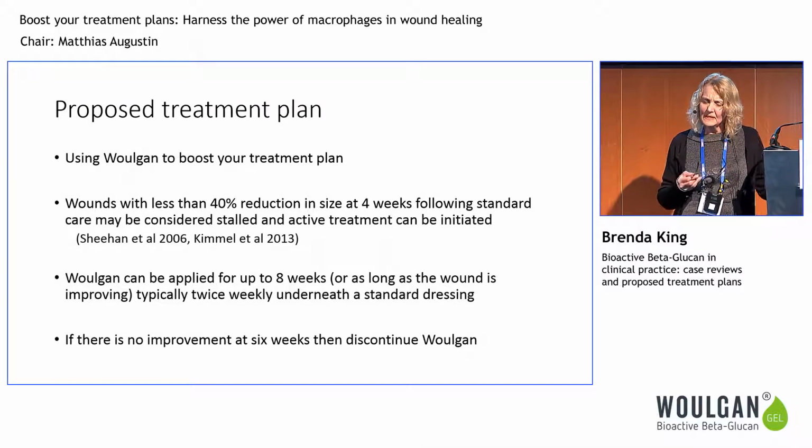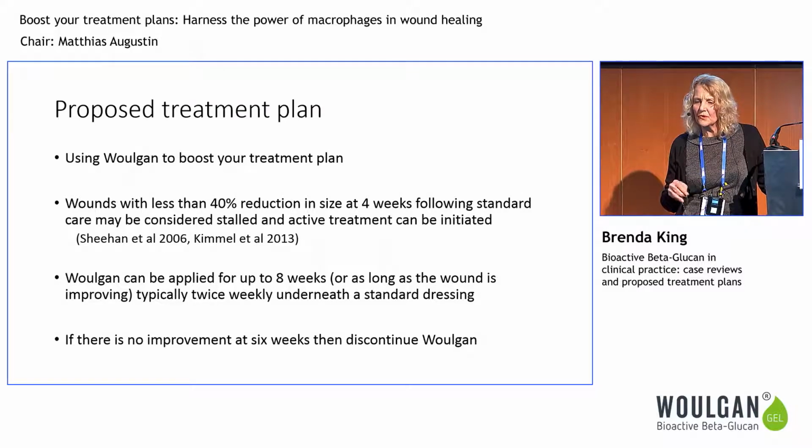And if it's suggested that wounds with a less than 40% reduction in size at week 4 and that are already receiving standard care are considered to be stalled, perhaps we should be thinking about active treatment at that 4-week time period.